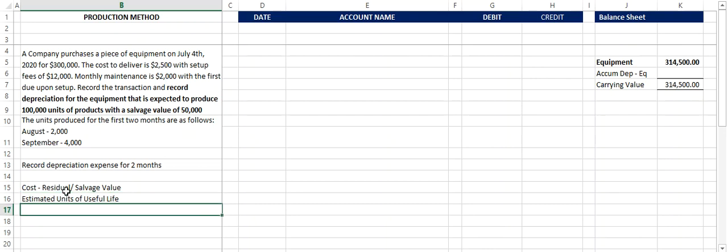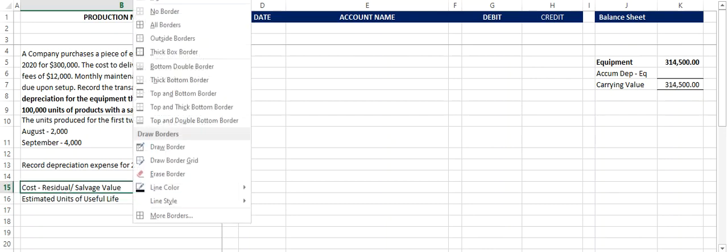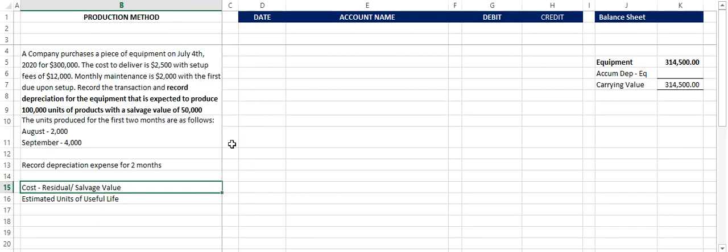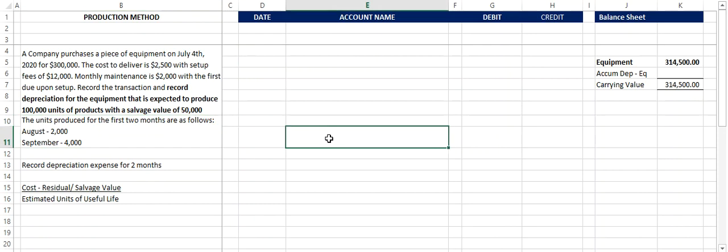So this differs slightly from the depreciation expense under the straight line method, because the figure at the bottom there is the estimated number of years of useful life, but in this case it's the estimated units of useful life. And so what that means is that every month we have to do a calculation to determine how much we're going to depreciate this by.